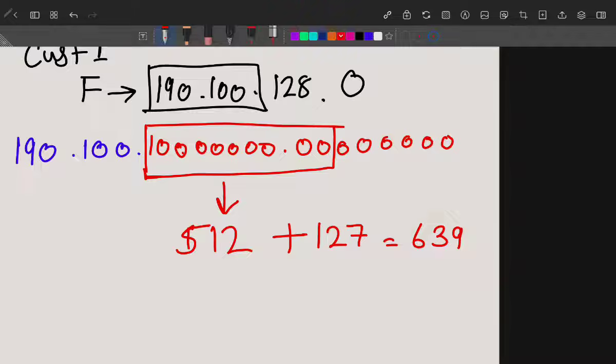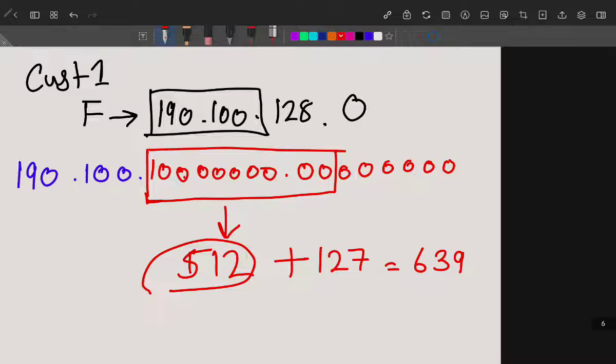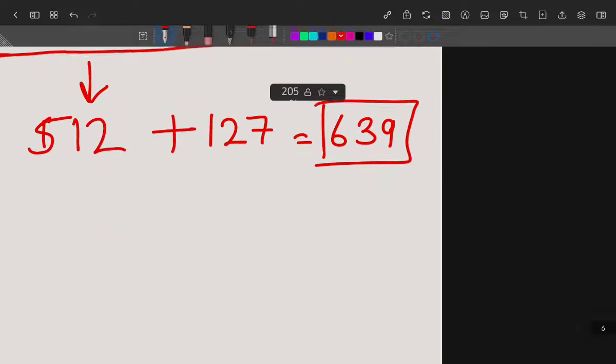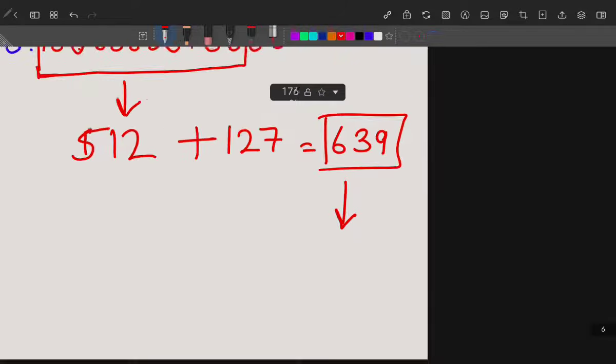639 is your new subnet identifier, your new subnet ID. Subnet ID for the first subnet was 512. So I want to jump 127 subnets, so 639 will be the subnet ID for the 128 subnet. Convert the subnet ID to binary.